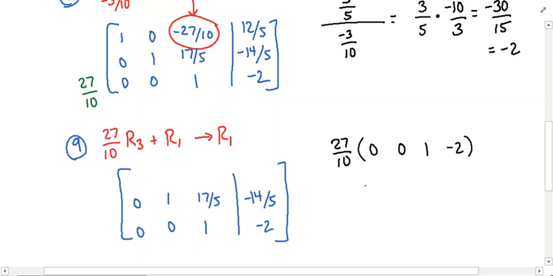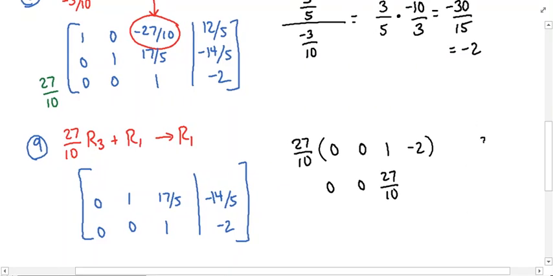Let's do that. 27 tenths times 0 is going to be 0. 27 tenths times 1 is itself. And then if you do 27 tenths times -2, put the -2 over 1, multiply across the top and across the bottom. 27 times -2 is going to be -54 over 10.